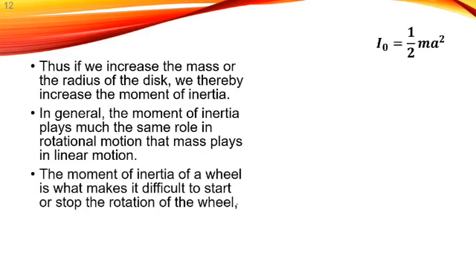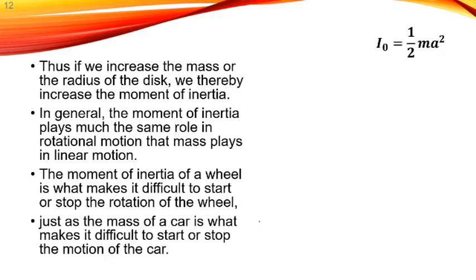The moment of inertia of a wheel is what makes it difficult to start or stop the rotation of the wheel, just as the mass of the car is what makes it difficult to start and stop the motion of the car. So in linear motion, what influences is the mass of the car or object. In rotational motion, it is the moment of inertia of the object.